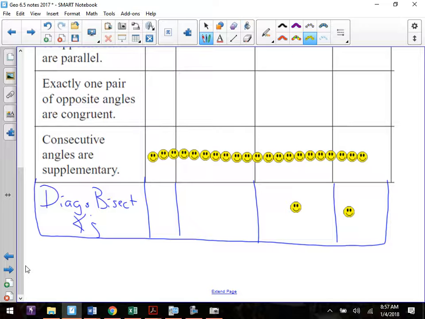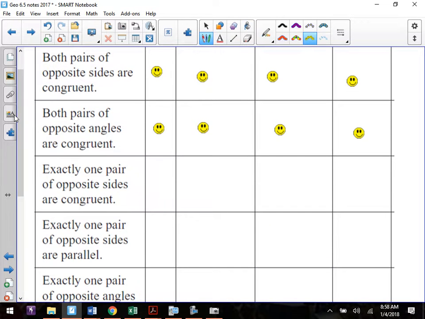Yep. Exactly one pair of opposite would be the kites. Yeah. And parallel was exactly one pair of opposite sides parallel. Rhombus, both sets are parallel. Both sets are congruent angles. Yeah, it's exactly one, not both pairs. I know. So.